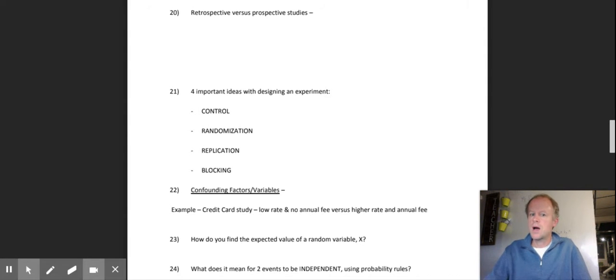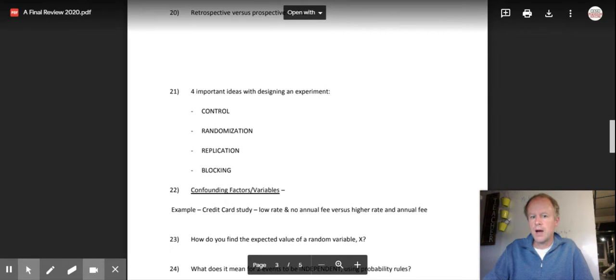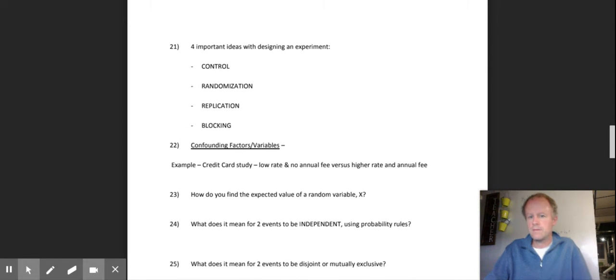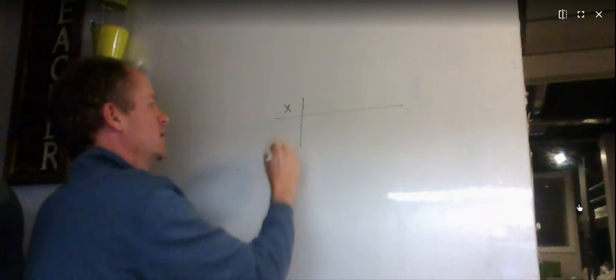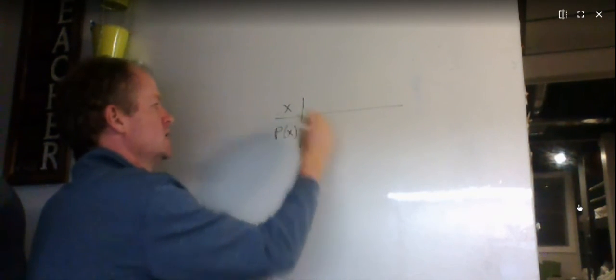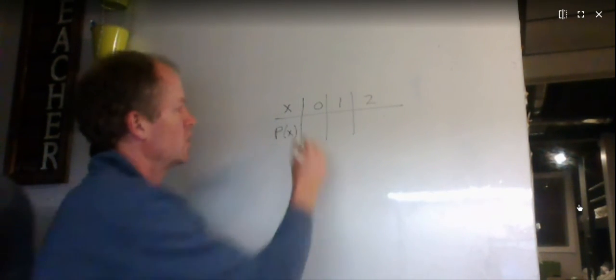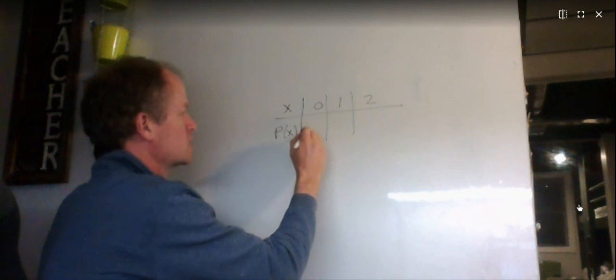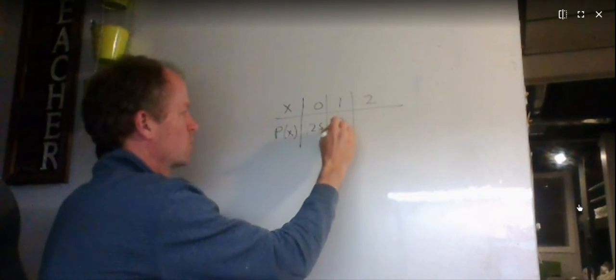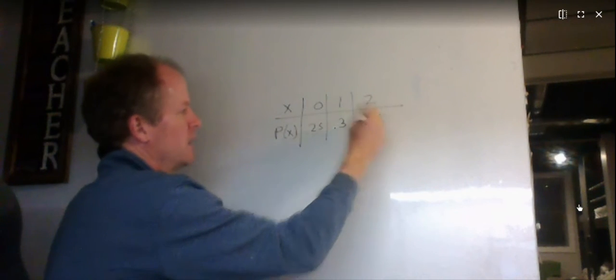Number 23. How do you find the expected value of random variable x? Let me quickly do a probability distribution on the board here. If I have a random variable x and the probability of x, suppose it could take on the values 0, 1, or 2, with probabilities 0.25, 0.3, and 0.45.